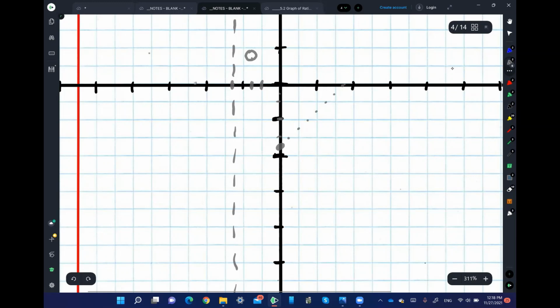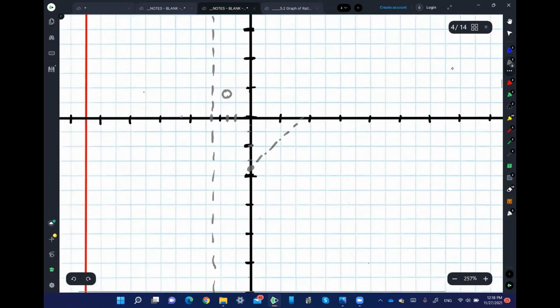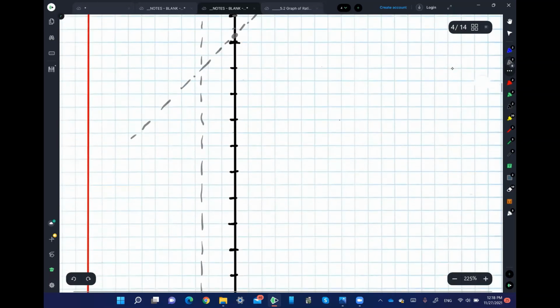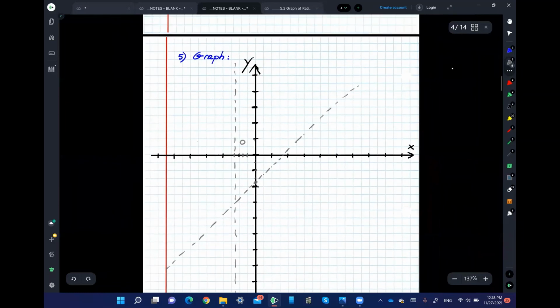So let me sketch that as a dotted line. Roughly like this. Here we go. So this is the slant asymptote y equals x minus 7.